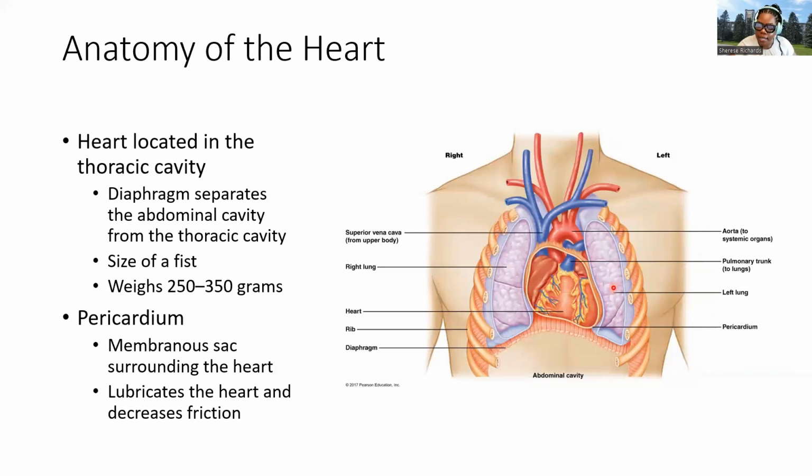It has different layers: an outer fibrous layer and an inner serous layer that helps to lubricate the heart and decrease friction as the heart moves with the cycles of respiration. It allows the heart to move with the phases of the cardiac cycle and the cycles of respiration, with the diaphragm also elevating and descending smoothly because of that lubrication in between the layers of the pericardium.